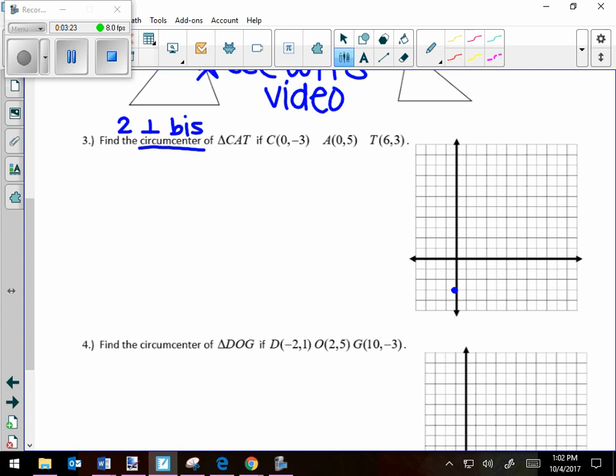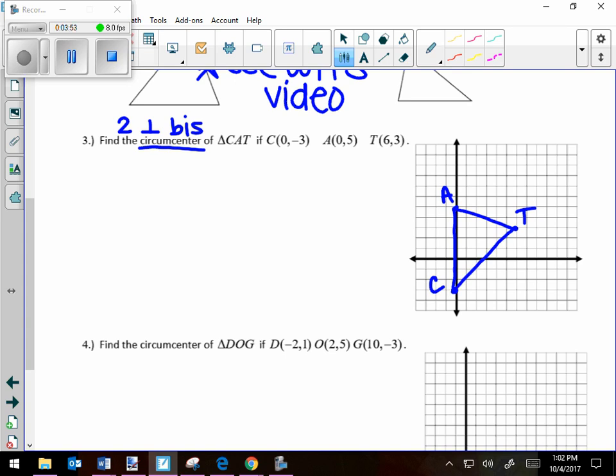My triangle has one vertex at (0, -3), one vertex at (0, 5), and one vertex at (6, 3). And then I'm going to go in, draw my line to connect those. You should be using a ruler to do this. And here's my triangle CAT.